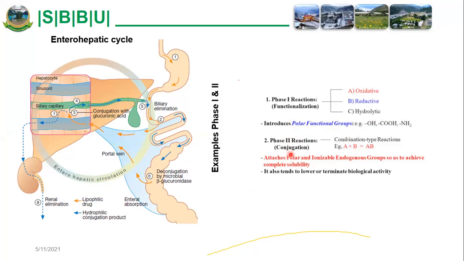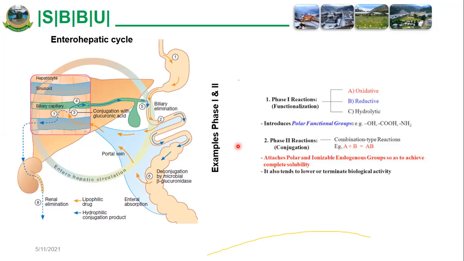In phase 2 reactions, these are the conjugation reactions you can see from here. Mostly polar and ionizable endogenous groups are attached to achieve greater solubility, like glucuronic acid, sulfuric acid, acylation, etc., and glutathione, etc.